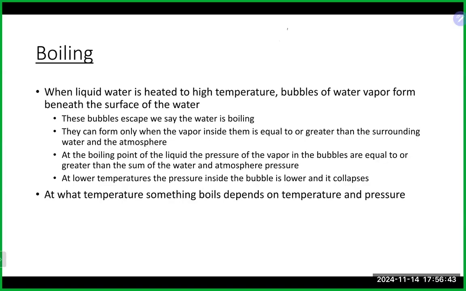Before they are able to do that, we get these water vapor bubbles, but if the pressure inside the bubble is less than the atmospheric pressure, they pop before they make it there. It's not until they build up enough pressure in those bubbles that they are able to escape the liquid, which is the boiling point.